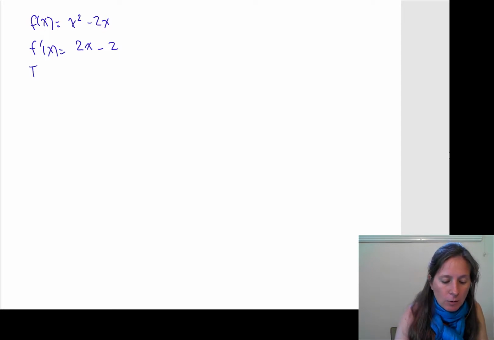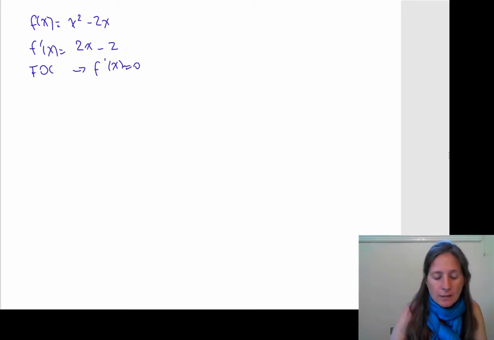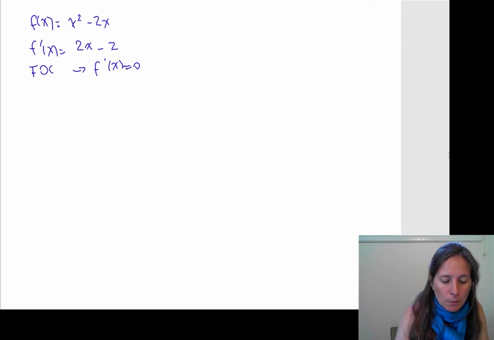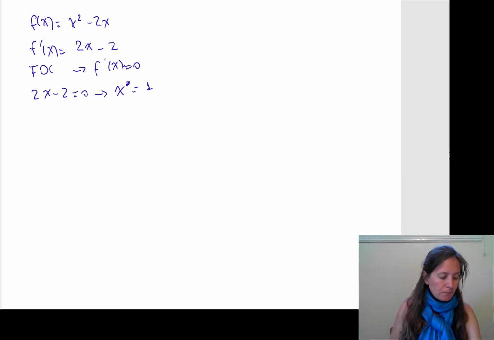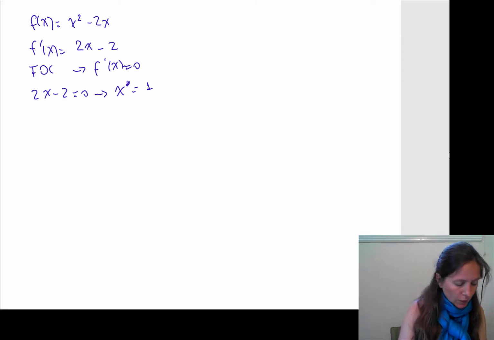Now, what is our first order condition? It's basically making this thing equal to 0 and solving for x star. So when we make it equal to 0, we have 2x minus 2 equal to 0. So our critical point is going to be the number 1. Now we want to figure out whether this is a maximum or a minimum.